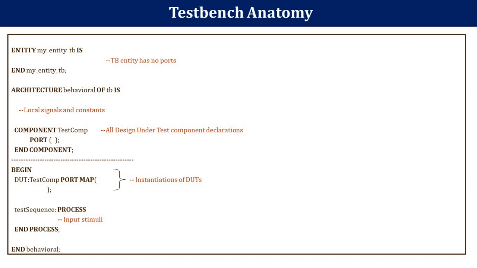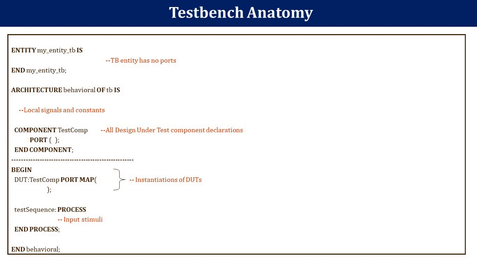After completing this port mapping, write the process, and inside the process you have to write your input stimuli, meaning you have to provide which input vector or which input stimuli you are going to apply, and the values of that input stimuli. Test sequence is a label which is optional. Inside the process write down your stimuli.